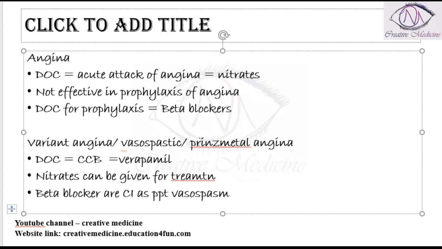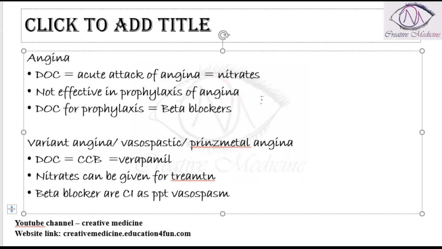The drug of choice for this is calcium channel blockers, which is verapamil. Nitrates can be used for the treatment of Prinzmetal angina, and for prophylaxis. The beta blockers are completely contraindicated in Prinzmetal angina.